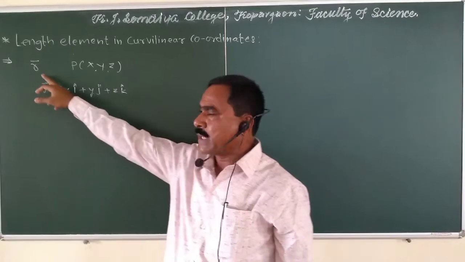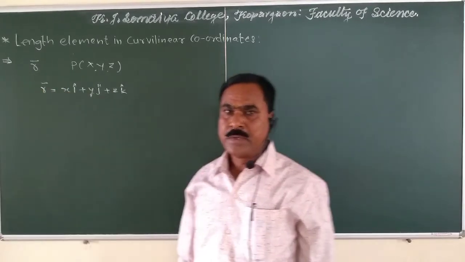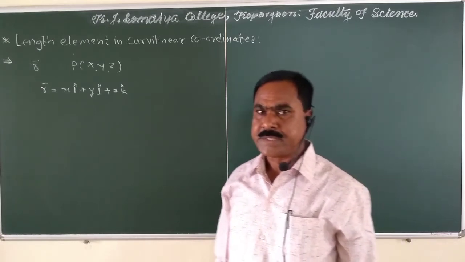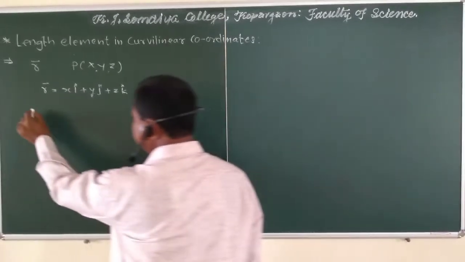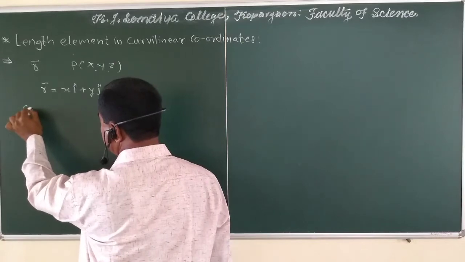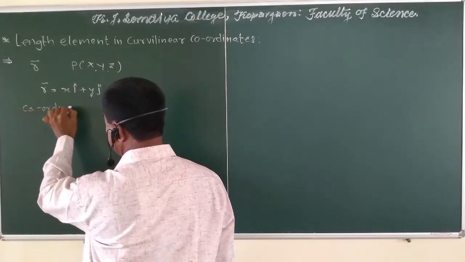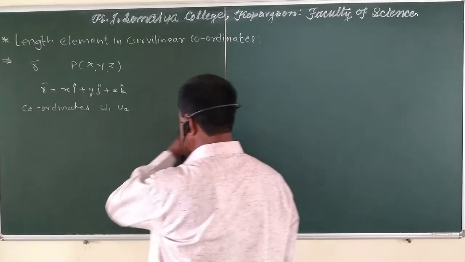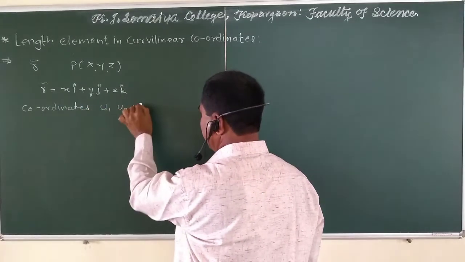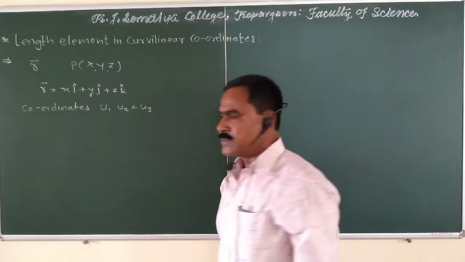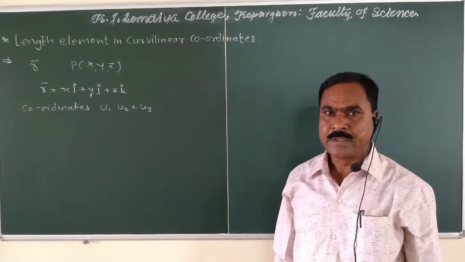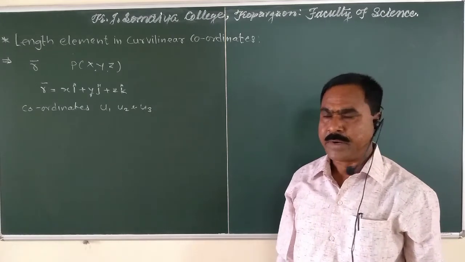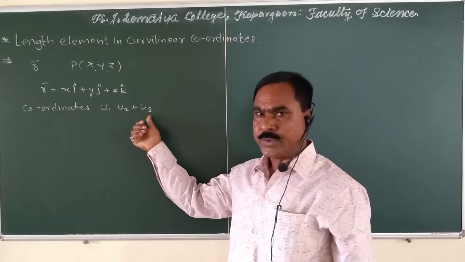So the position vector r bar in terms of curvilinear coordinates u1, u2, u3 can be expressed as follows. Here we have to write the position vector r bar in terms of curvilinear coordinates u1, u2, u3.